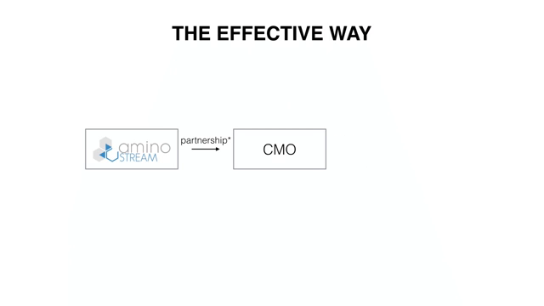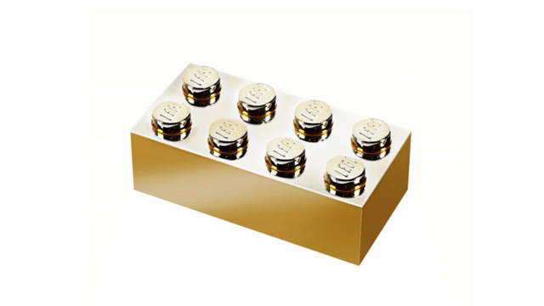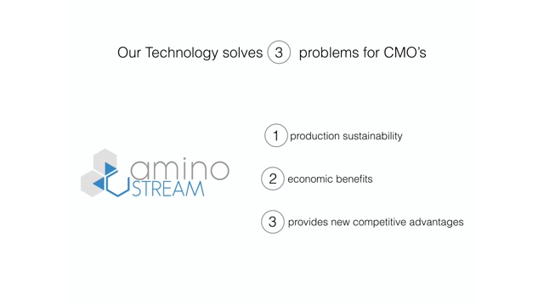And the question is, why would contract manufacturing organizations like to cooperate with us? Because our technology is golden. There are three solutions to three technology problems which AminoStream solves for the contract manufacturing organizations: production sustainability, economic benefits, and new competitive advantages.